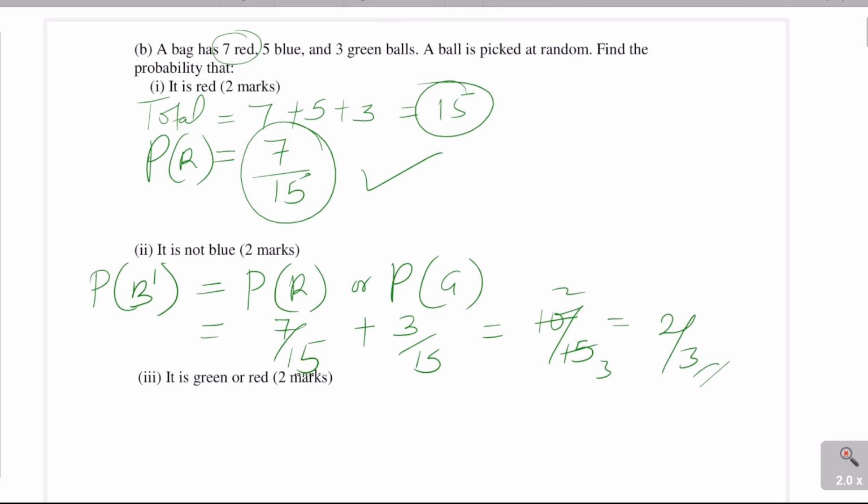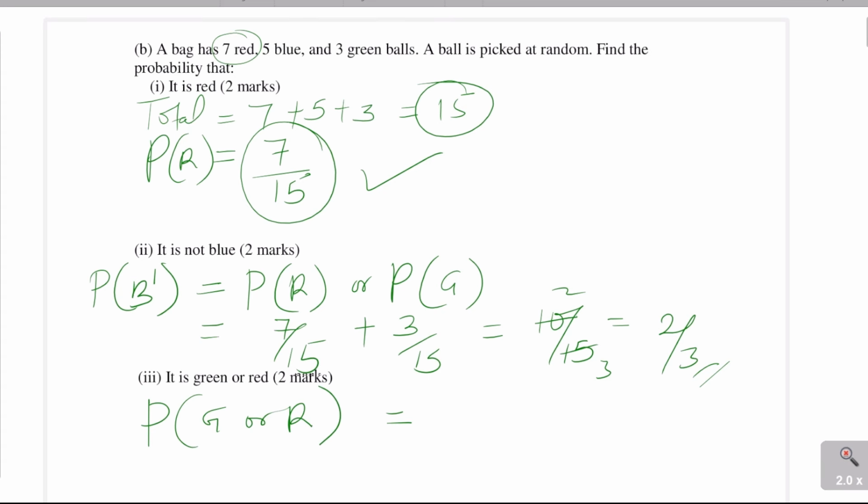Then part 3, probability it is green or red.